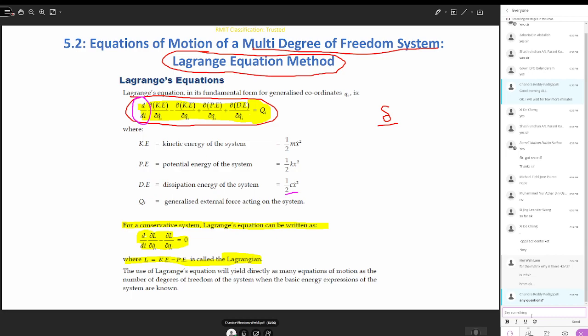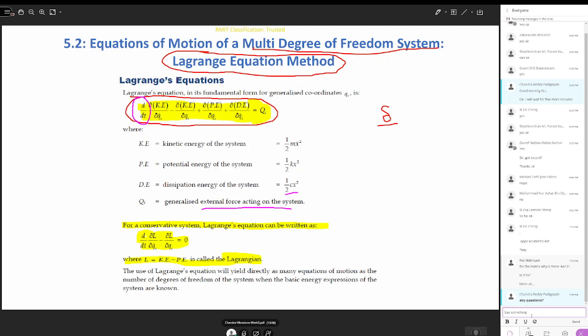Dissipation energy includes the dissipation constant C. Overall it is equivalent to the force acting on the system. So if you have two forces, then you can say Q1, Q2. For three, then Q1, Q2, Q3. Accordingly, it changes here.